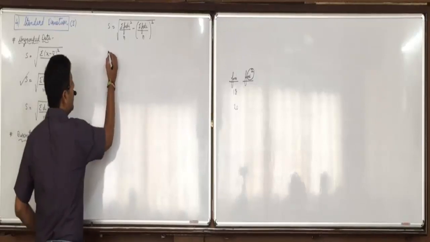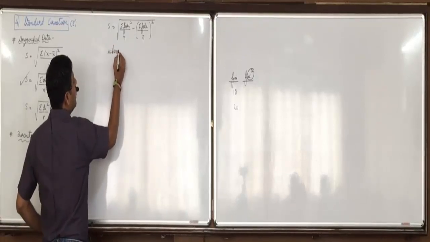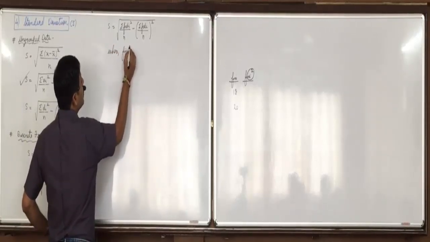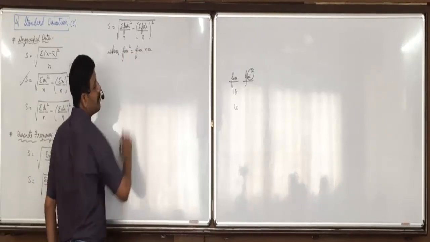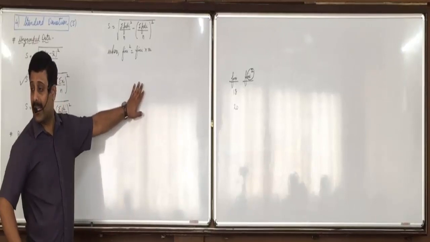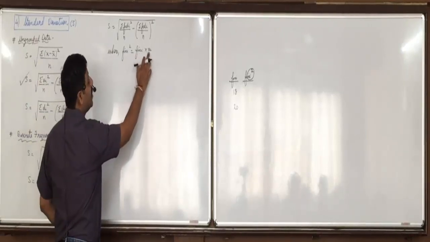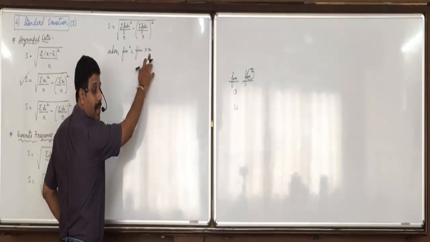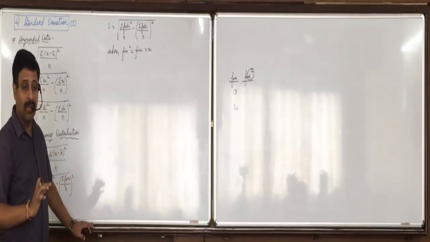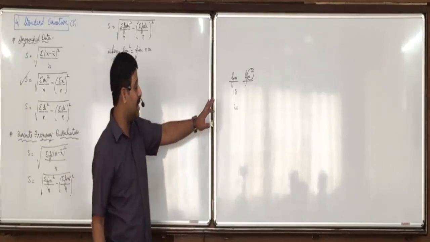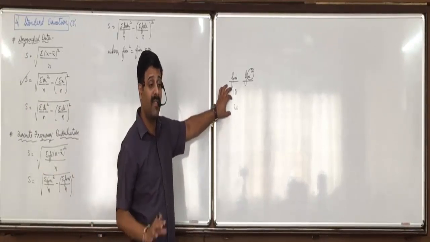So you remember here that Fi xi square will be equal to Fi xi into xi. When you do Fi xi into xi, what happens? Xi into xi becomes xi square and Fi remains as it is. So what mistake should not be done with Fi xi square? Don't square Fi xi directly.